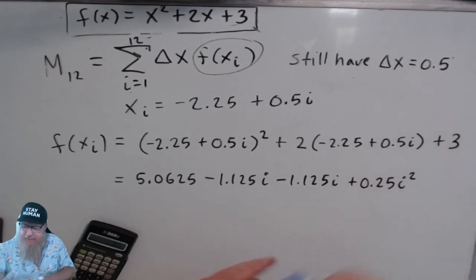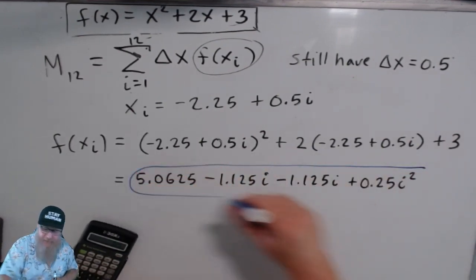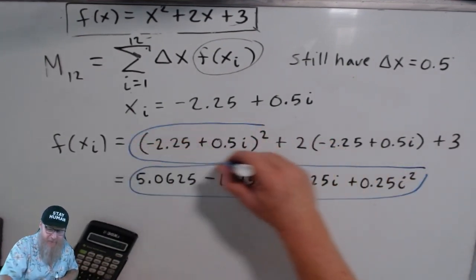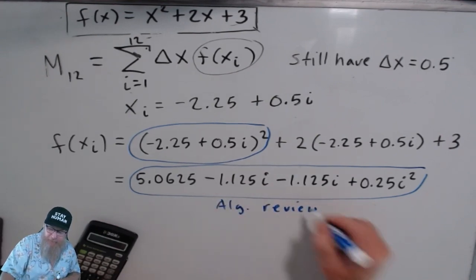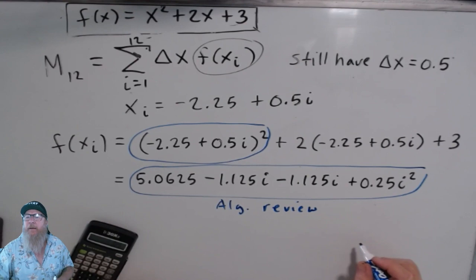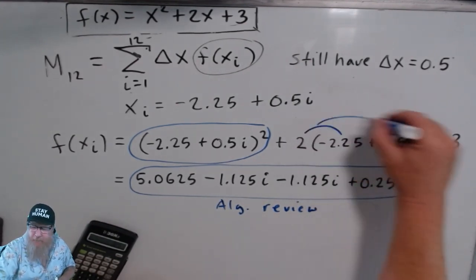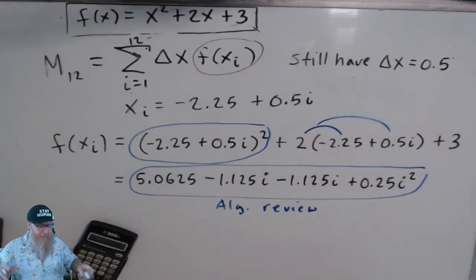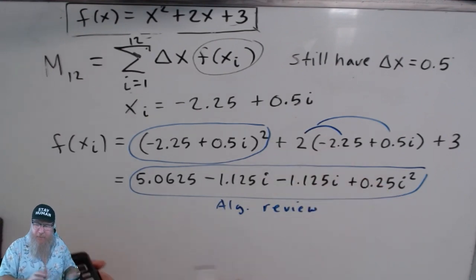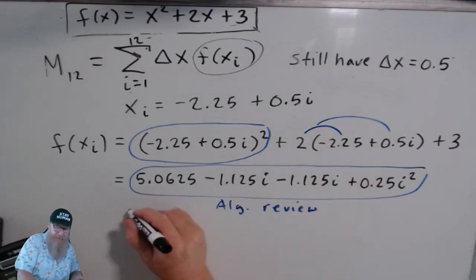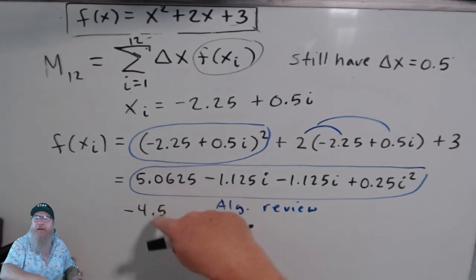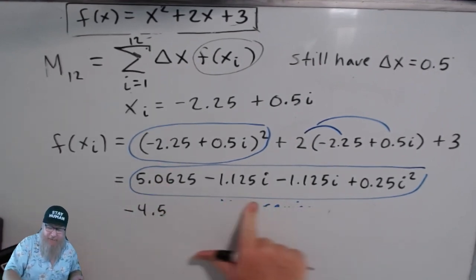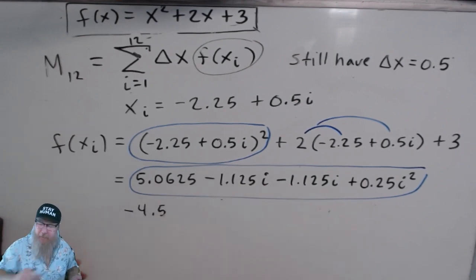So this represents all of this squared out. Again, more algebra review. All right, it's good for you. And then the rest of these, again, are pretty straightforward. So you're going to go 2 times negative 2.25, which will be negative 4.5. I'm just going to put it underneath here because that will combine.